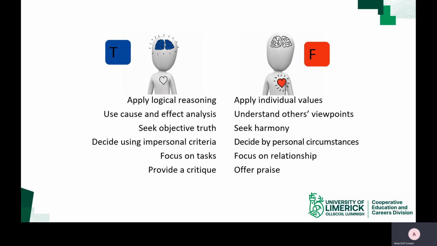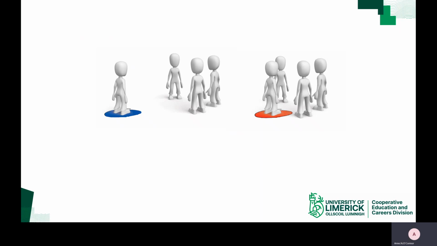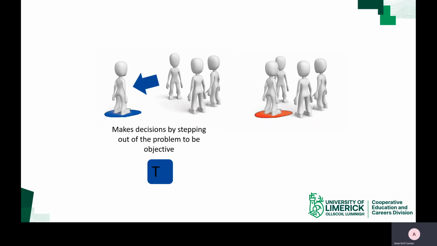So as you can see, two very different approaches or preferences. I think this is a really good analogy and may help you to decide where you sit on that particular dichotomy as well. You will see here the blue being the thinking preference and the orange being the feeling preference. So the blue, when they're making decisions, have the ability to step out of the problem and really be objective.